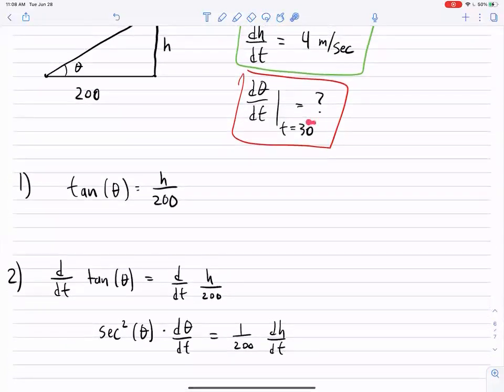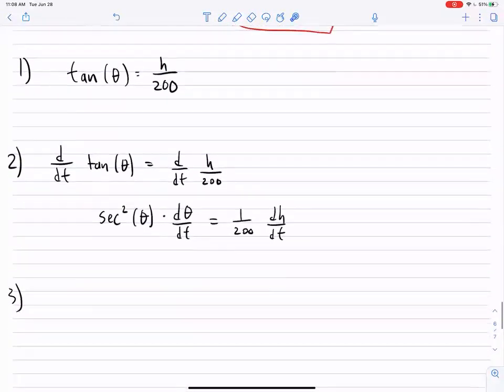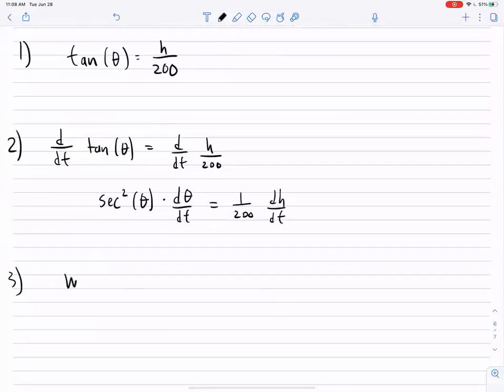The one thing is, we want d theta/dt when t equals 30. When t equals 30, we need to know what secant squared of theta is. So when t equals 30, what is theta?